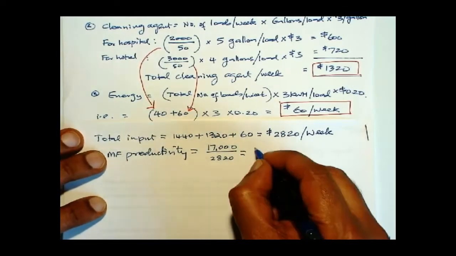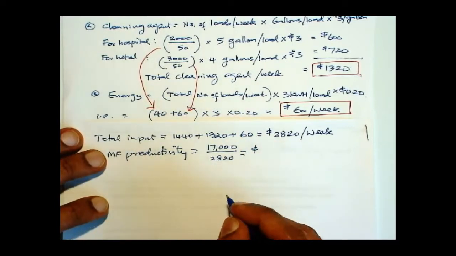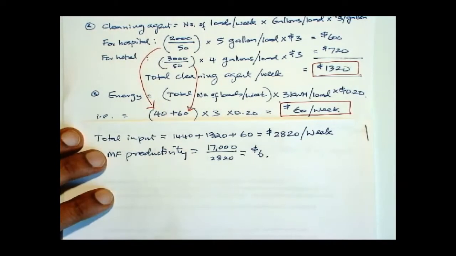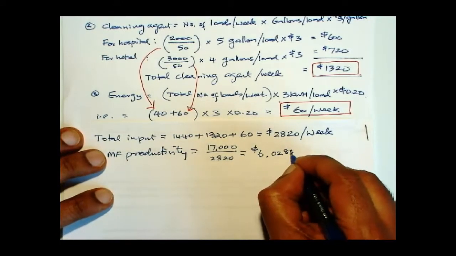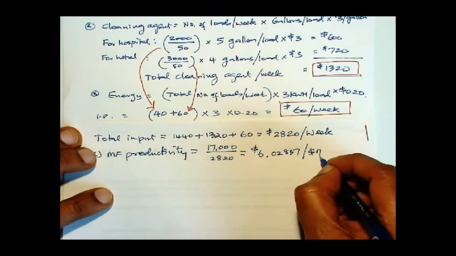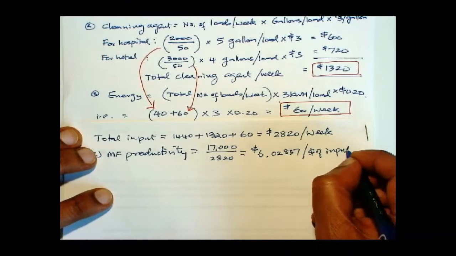So they're both in dollars, so that will give us 6.02837 per dollar of input.